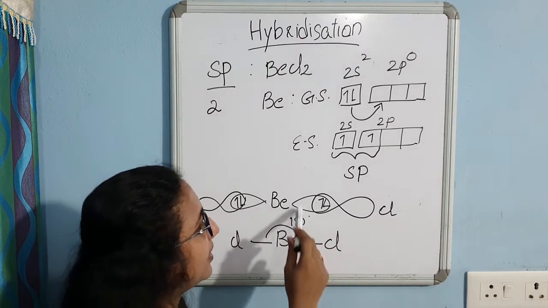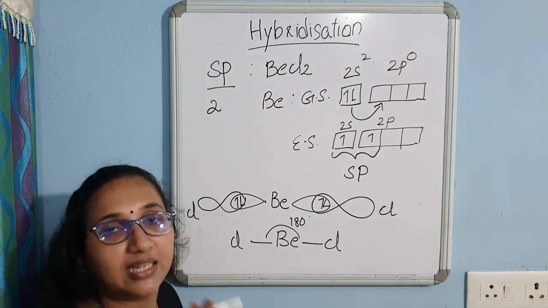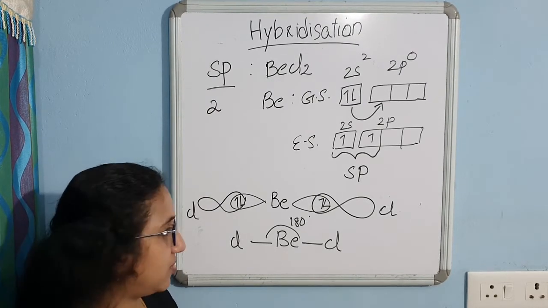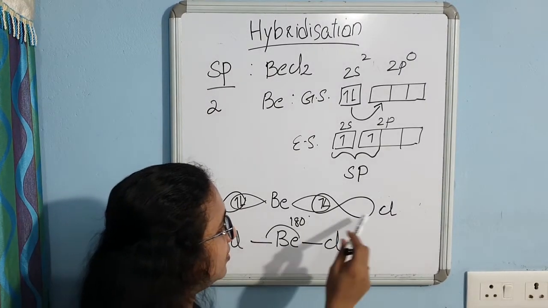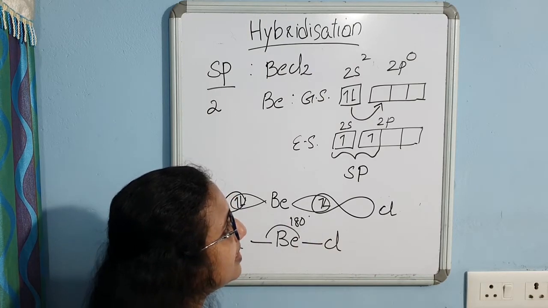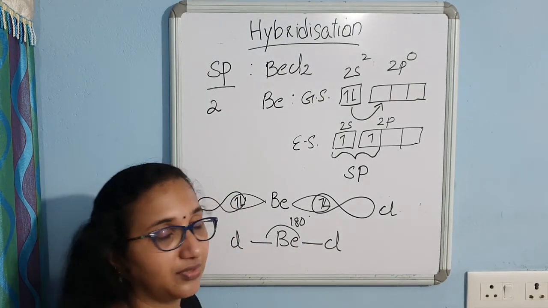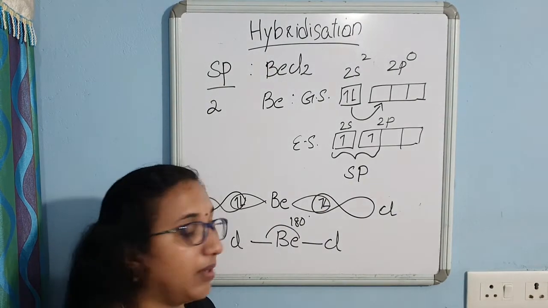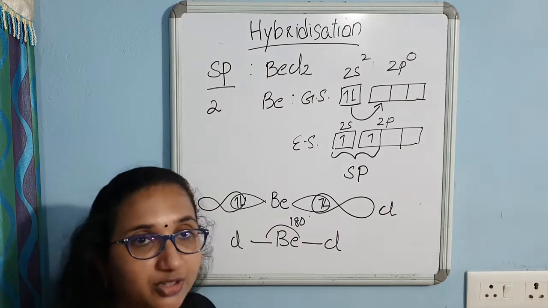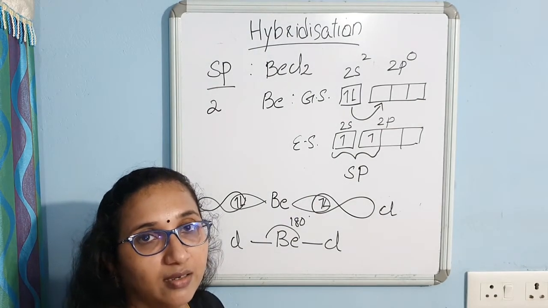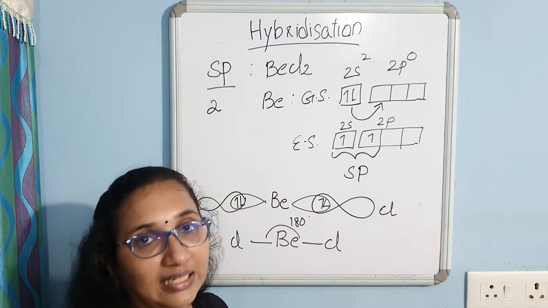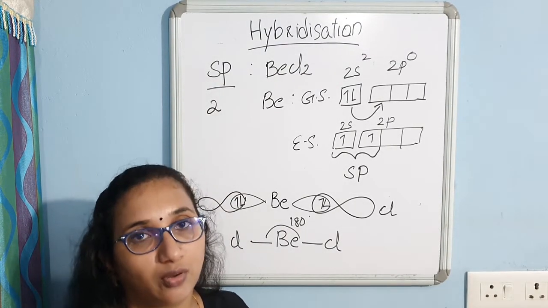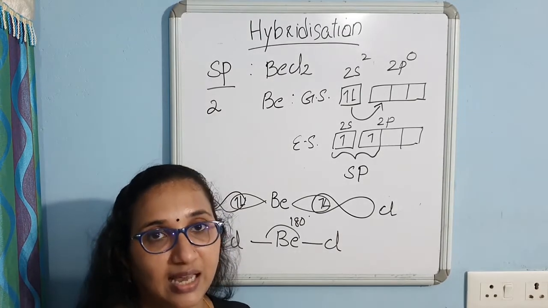So these two arrange around the beryllium atom in a linear fashion to reduce the repulsion between the electrons. And the two chlorine atoms with 3pz1 configuration overlap with the hybrid orbitals of beryllium to form a beryllium chloride molecule whose geometry is linear and the bond angle is 180 degrees. So this is the explanation for sp hybridization.